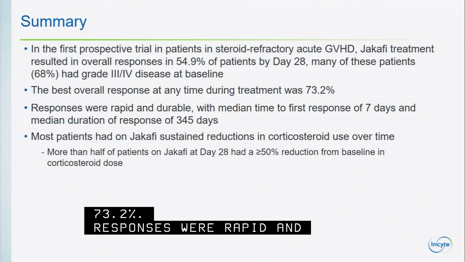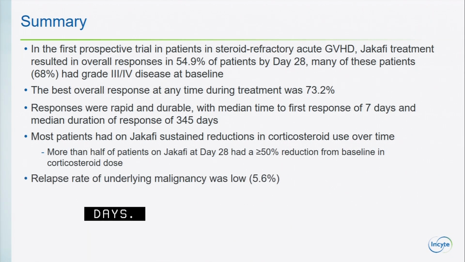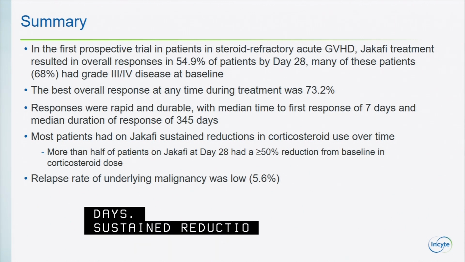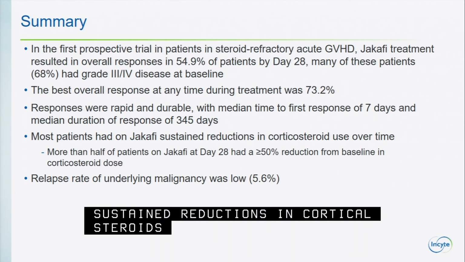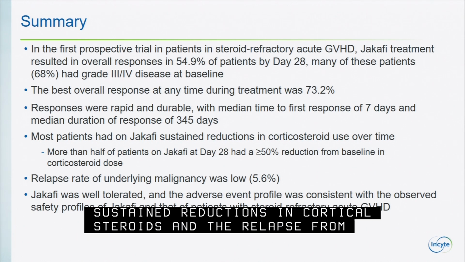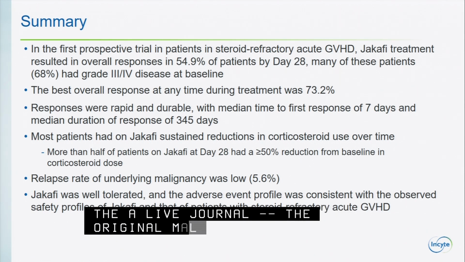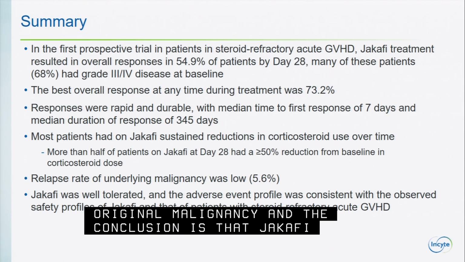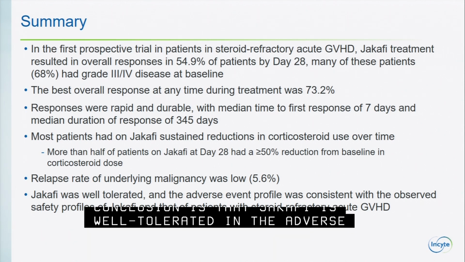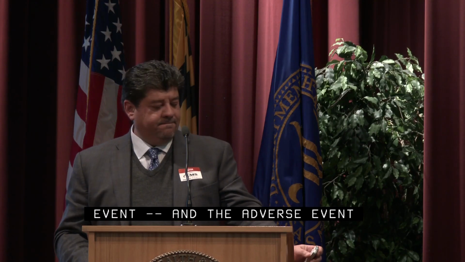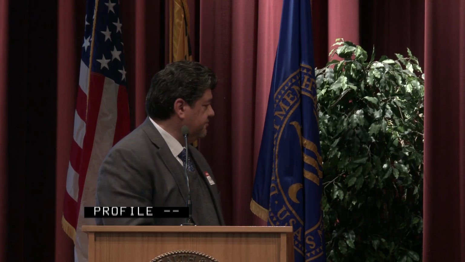And most patients sustained reductions in corticosteroid. As I mentioned, that's also important. And relapse from the original malignancy was also very low at 5.6%. And the conclusion is that Jakafi is well tolerated, and the adverse event profile, as I showed you, is very similar to this particular patient population for steroid-refractory acute GVHD. And that's it. Thank you.